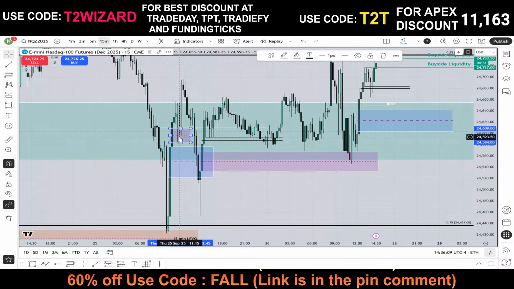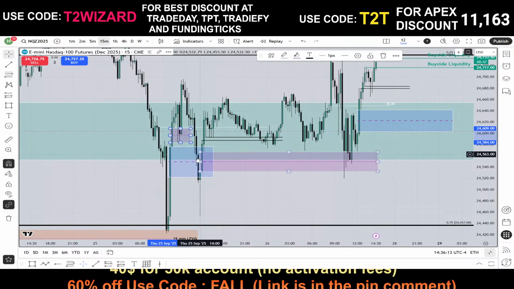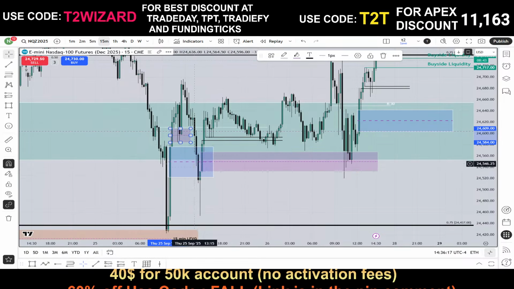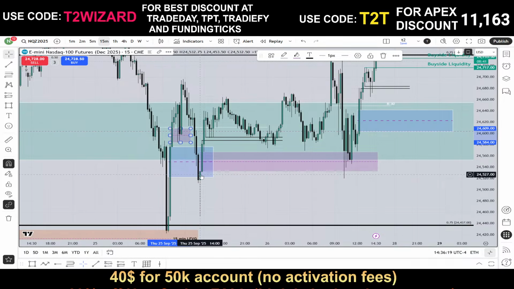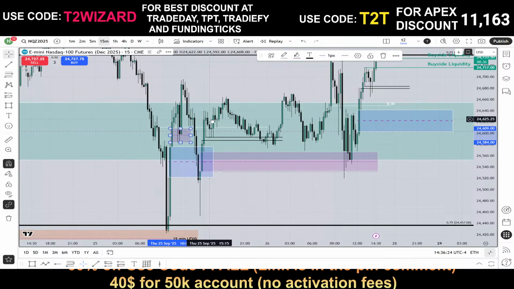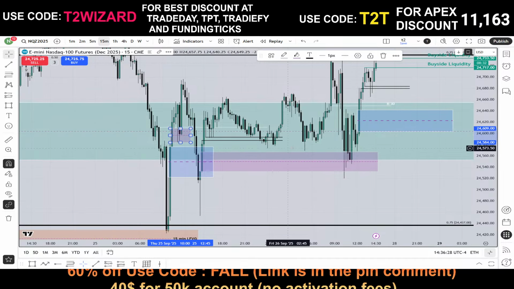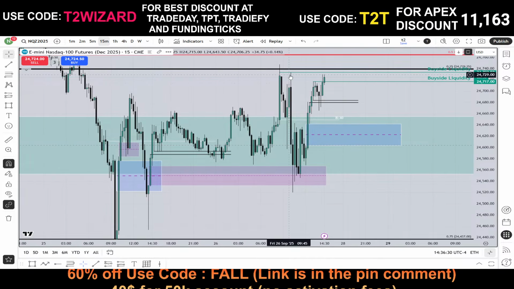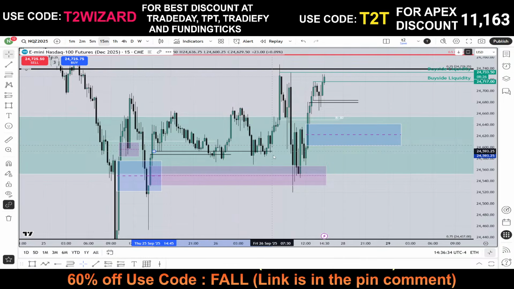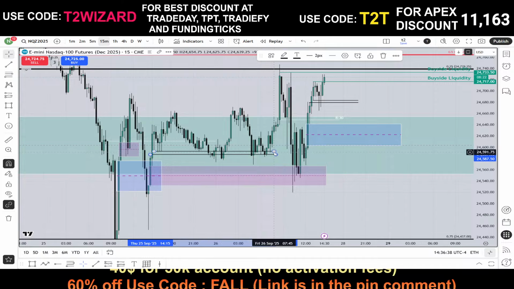It traded that gap and went higher. Then the market fell and closed this gap 100%. After closing this gap 100%, it made another leg and made two gaps. I want to see it will trade this gap, will not touch this gap, and it will go higher. It perfectly traded this gap. You can see here, it never traded the lower gap, went higher.